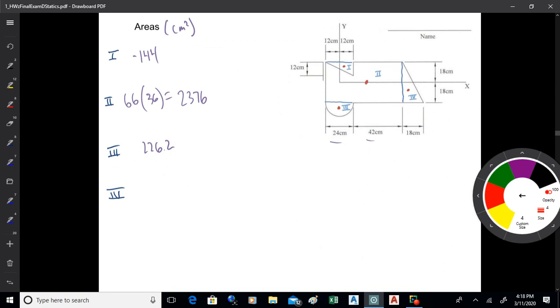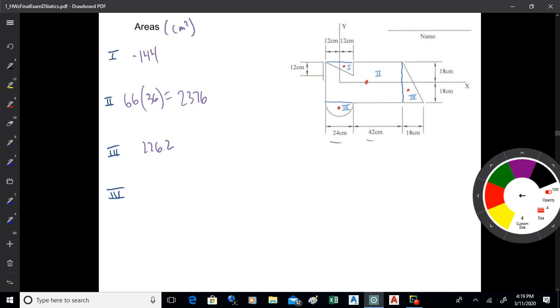So there are the areas. The area of what I'm calling number 1, which is that triangular cutout, gets a negative sign. That's negative 144. The area of the large rectangle in the middle is 2376. And the area of the semicircle is 226.2. I've also got the triangle attached to the right-hand side, 18 by 36.